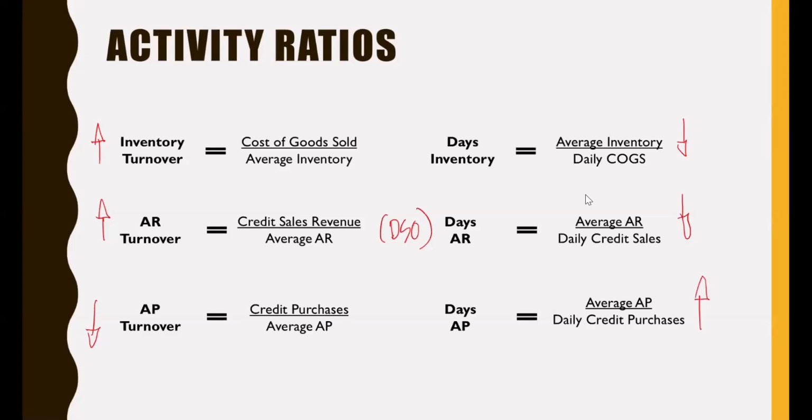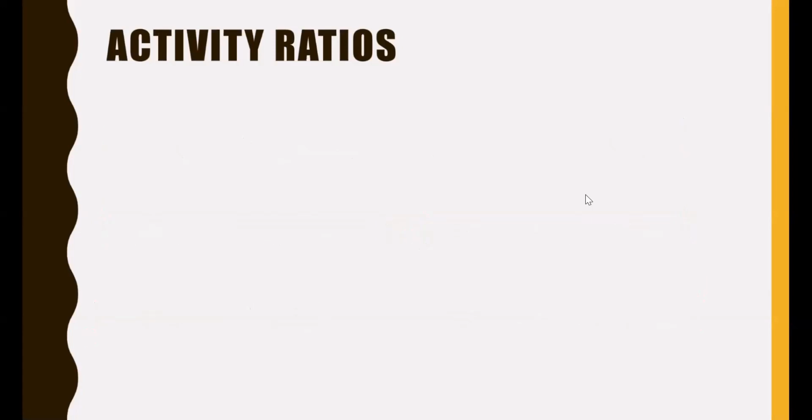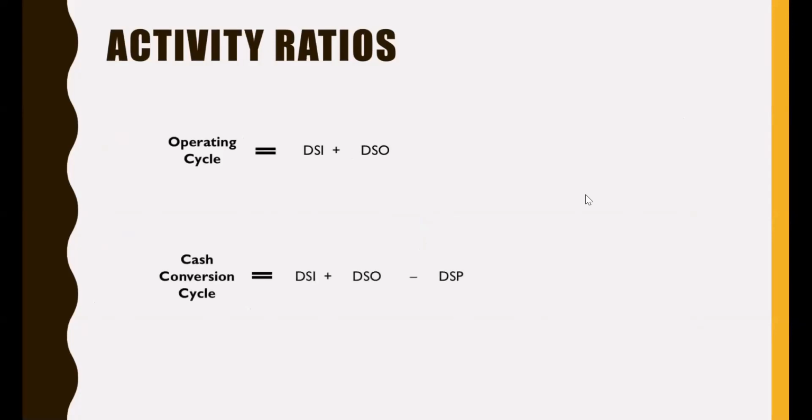Aside from this, meron pa tayong tinatawag na operating cycle and conversion cycle. So, ayan yung computation. For operating cycle, that is the sum of day sales inventory and day sales outstanding. Okay?